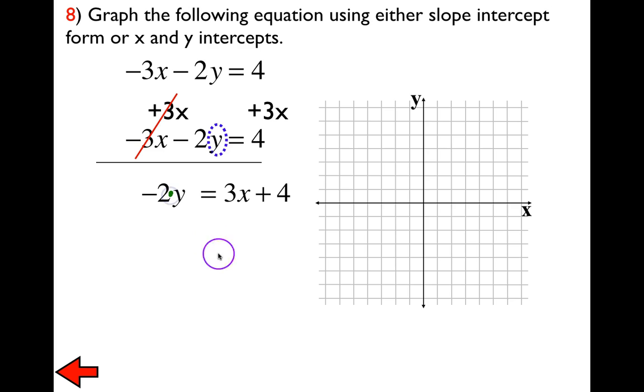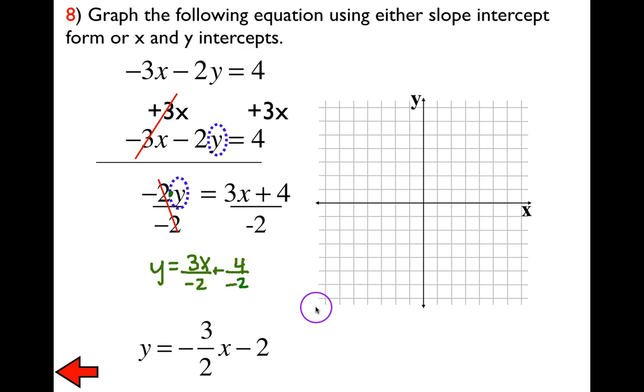So I'm going to do the inverse and divide everything by negative 2. So here the negative 2's cancel each other out, just leaving me with y equals 3x over negative 2 plus 4 over negative 2. This is going to reduce to y equals negative 3 halves x minus 2. Here is my slope and here is my y-intercept.